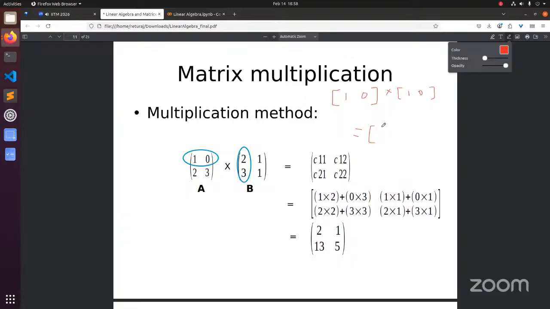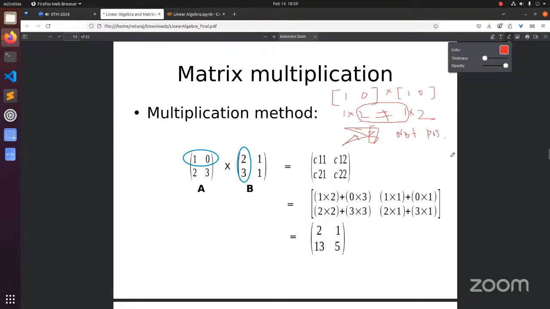I think this is not possible because N is not equal to K. So what is the size of this? This is 1 cross 2, and this is also 1 cross 2. And you can see N and K are not equal. Yes, sir. Therefore, the matrix multiplication is not possible. This is not possible.